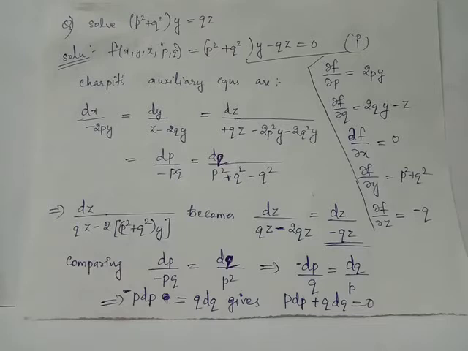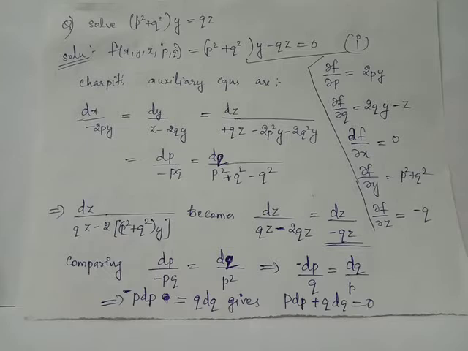in order to write the Charpit's auxiliary equations. We have dou f by dou p equals 2py, which is obtained from the term p square y getting differentiated with respect to p. We have dou f by dou q equals 2qy minus z, considering derivative of terms q square y minus qz with respect to q.